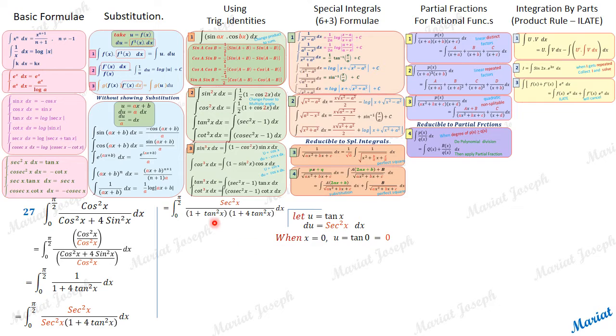But when x is pi by 2, the upper limit, u will be tan pi by 2, which is infinity. So when you rewrite this function using this substitution, change the limits also to the new numbers 0 and infinity. Moreover, this is no more a trigonometric function, so these angles should not be the limits. Angles are now changed.